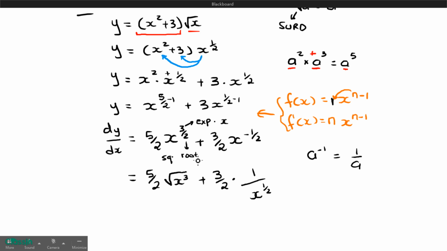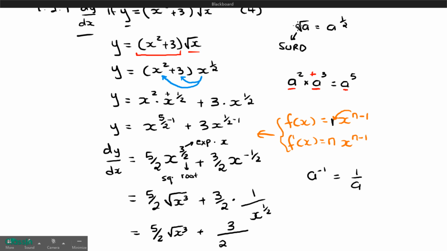So one can end here, or one can proceed. This is the same as 5 over 2 root of x cubed plus 3 over 2. We mentioned something here that root of x is the same as x to the power 1 over 2.